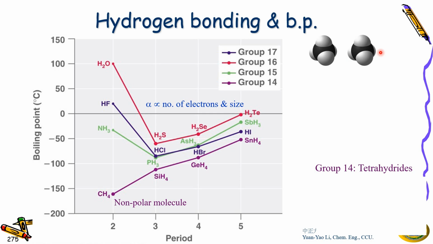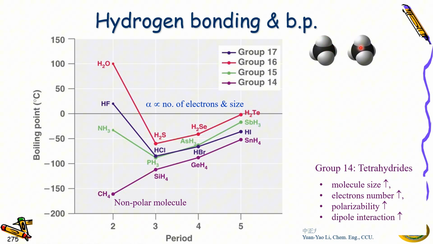So if you have a bigger molecular size, that means silicon is bigger than carbon, of course. Then you have more electrons, and because of the screening effect, the polarizability will be high. If polarizability is high, with a bigger size, the bonding will be stronger, and then the dipole interaction will be stronger.